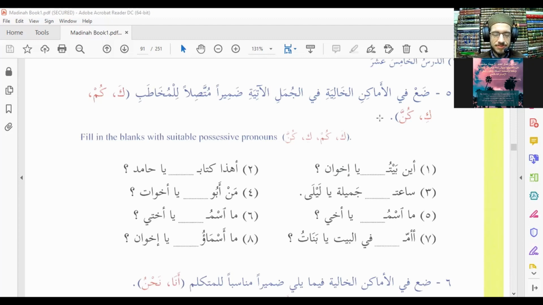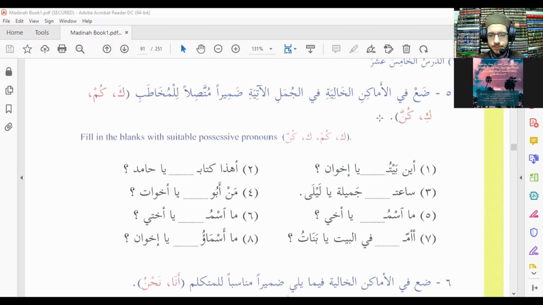من. Okay, so this is who يا أخوات. من أبوكن يا أخوات. Good. يا أخي. ما اسمك يا أخي. يا أختي. ما اسمك يا أختي.